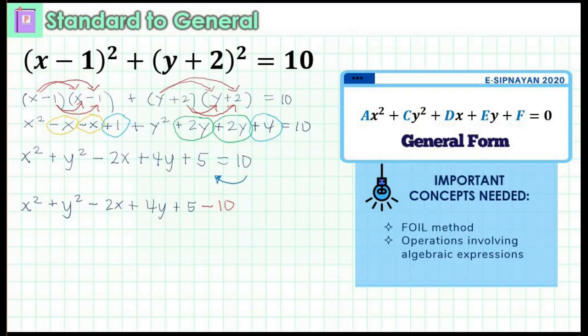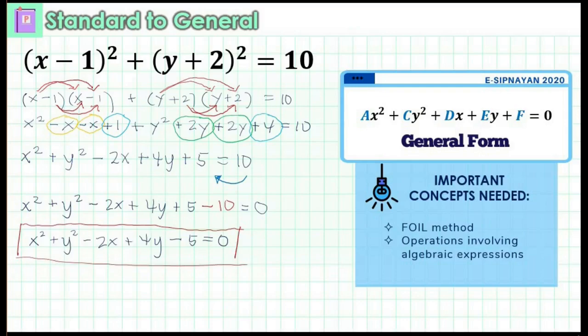Lastly, the whole equation will now be equated to 0. And it is almost close to the general form, but we still need to simplify further. So copy x squared plus y squared minus 2x plus 4y plus 5 minus 10, which when simplified is negative 5, equals 0. Hence, the general form is x squared plus y squared minus 2x plus 4y minus 5 equals 0.